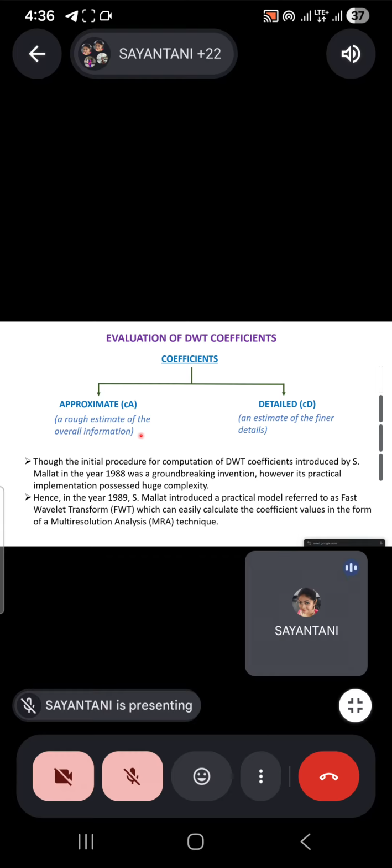Now you want to capture the finer details of the pine tree, like what is the color of the bark, what is the shape of the leaves, what is the shape of the twigs, and so on and so forth.